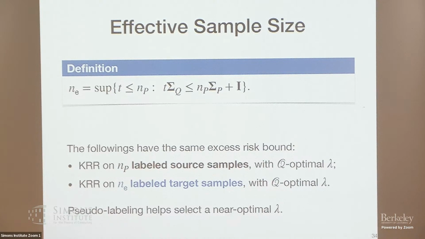In both cases, you choose the optimal tuning, then you will get the same excess risk bound. So that's where this effective sample size originates from. And beyond that, we need to show the pseudo-labeling helps select a near optimal lambda. That second part, the model selection part, is done through the general result I just presented.